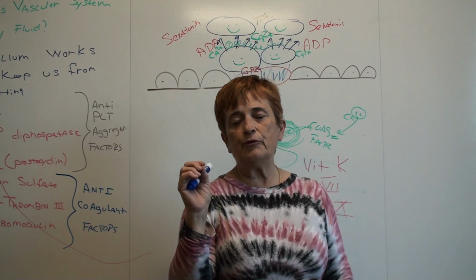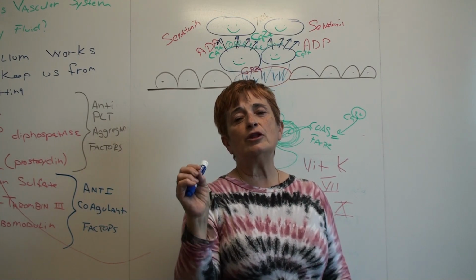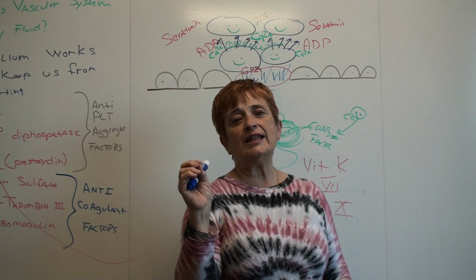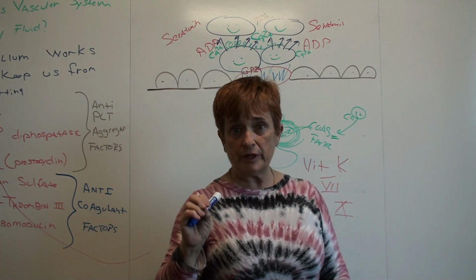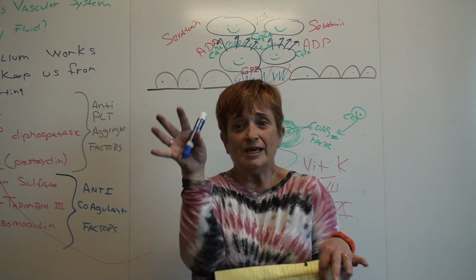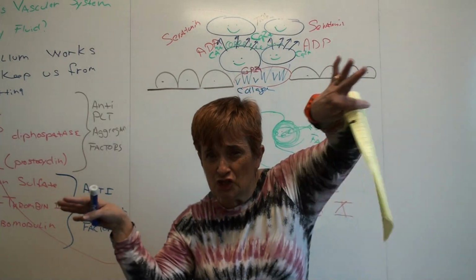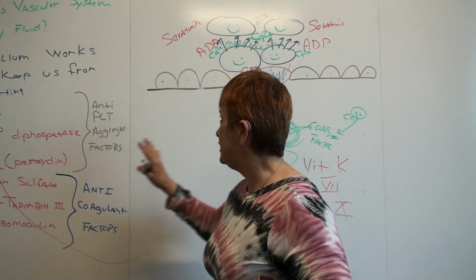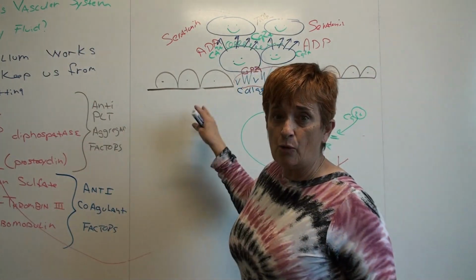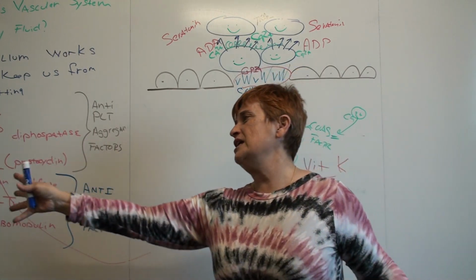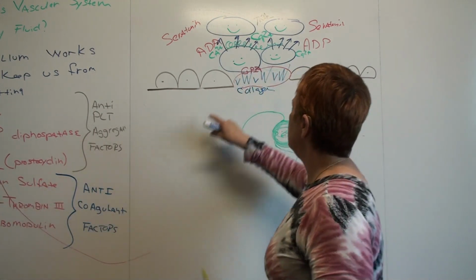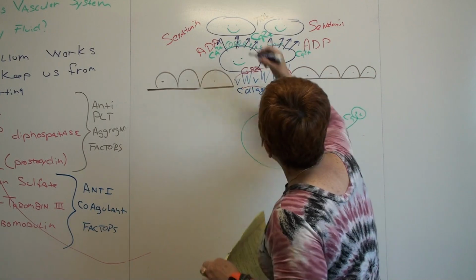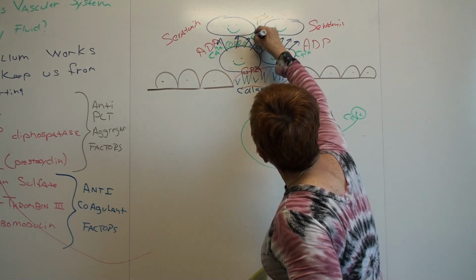Now, the other thing that helps them stick together when they're activated is that they begin to have a shape change. So they start getting these arms and they start doing all these weird things so that they can help stick together. So they're stretching out and coming in. So this little platelet is coming in here like this.